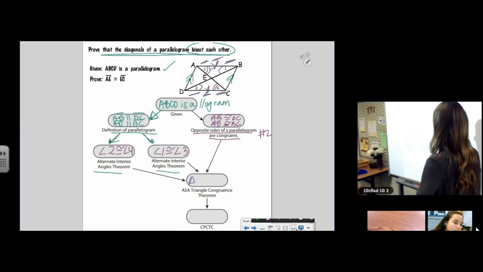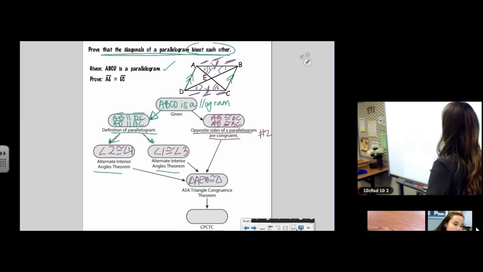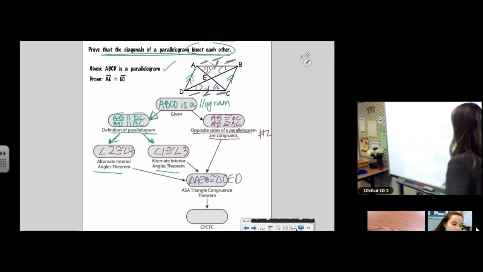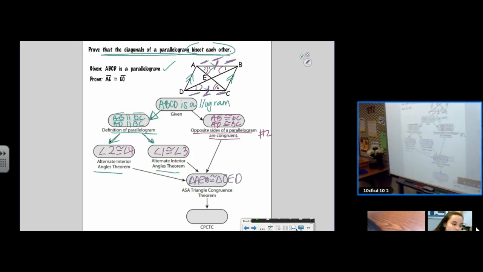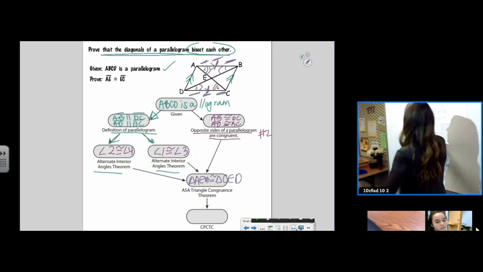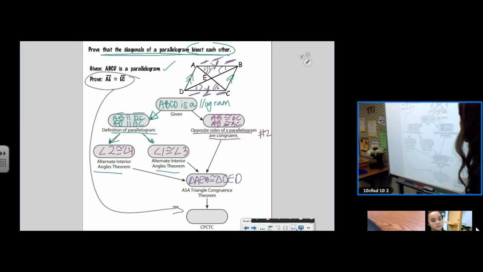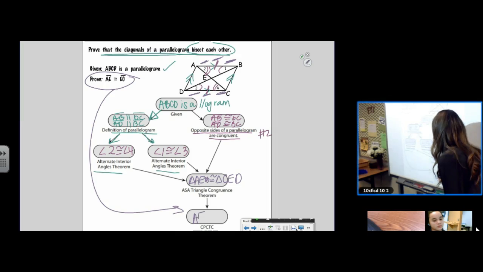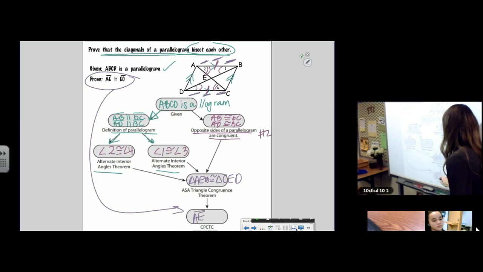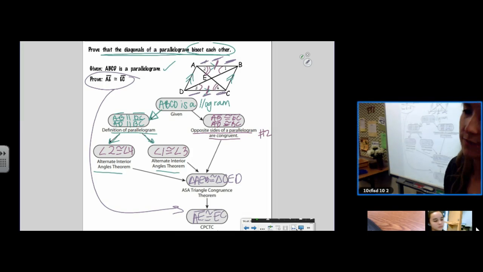Triangle, I'll call it AEB, is congruent to triangle CED by angle, side, angle. And then you always start with the given and you always end with the proof. So we're going to just plagiarize the proof. We don't even have to think about it. We just rewrite it. AE is congruent to EC by CPCTC.